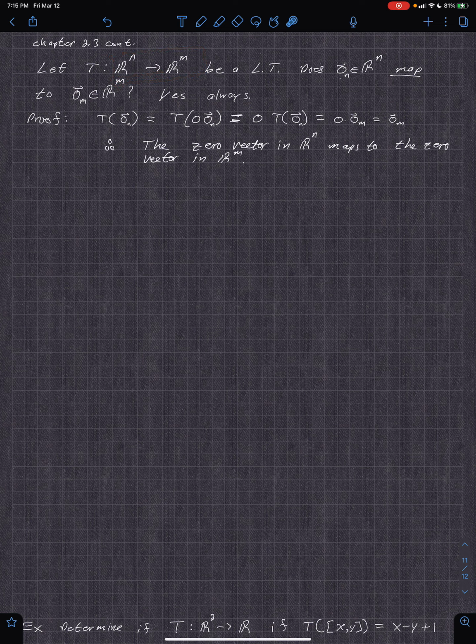So that's always true. Right, because remember, this transformation has to be true for all R. So if R is equal to 0, this is what you will always get. So you can't get another one. Okay.